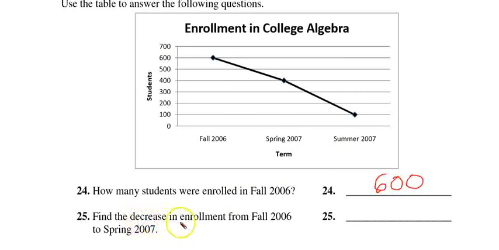Find the decrease in enrollment from there to there. Well, the decrease in enrollment from 600 to 400 was 200. That's a decrease. Now, since they're asking us for a decrease, we're saying a decrease of 200. That should be the answer.